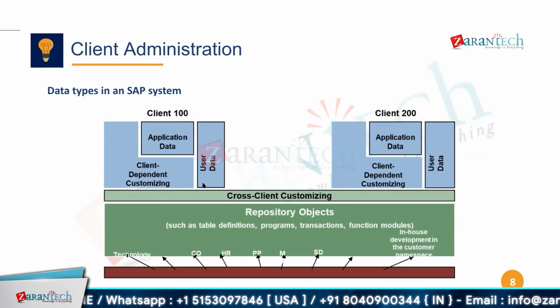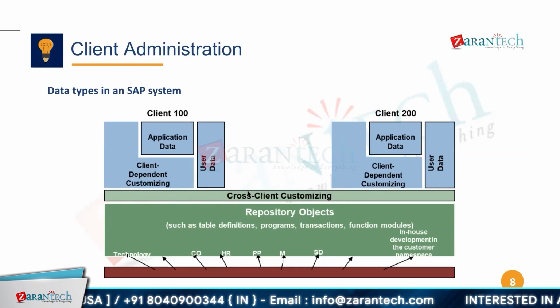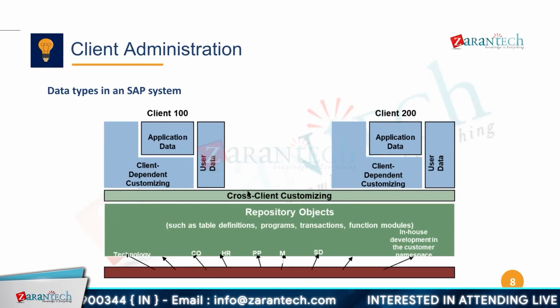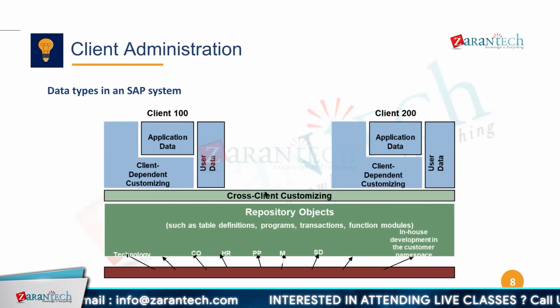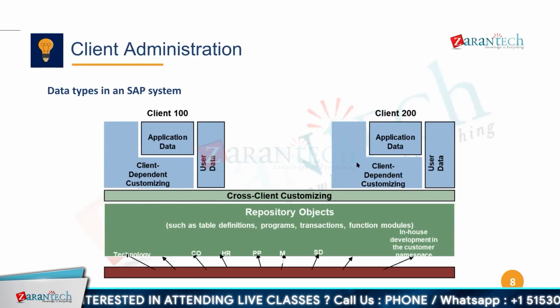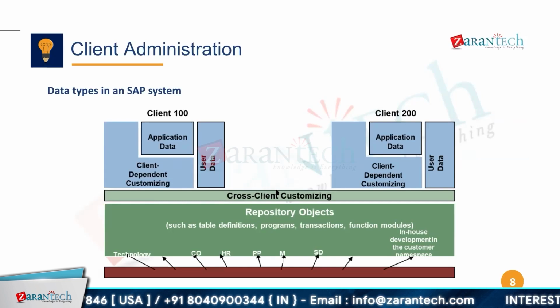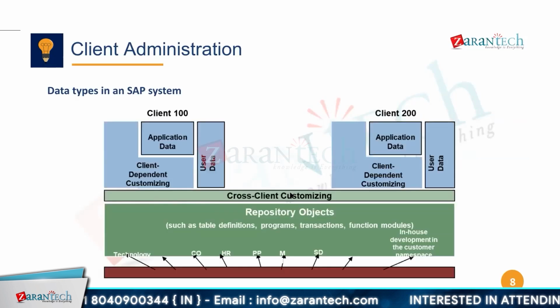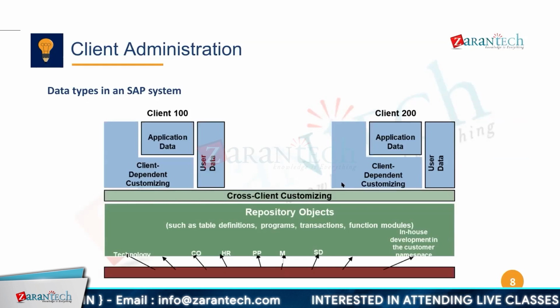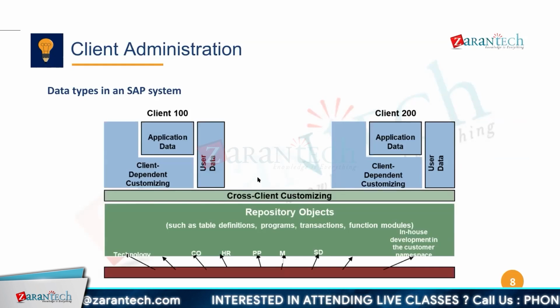Everywhere the Tata logo is there. So those things you put as cross-client. So in their ERP system, wherever Tata is there, if something is changed over here, it will be applicable in all the clients. So you don't have to do anything. If Tata thinks that my logo is bad and I have to change it, and they change it in one place, like in 000 or anywhere they want, it will be visible in all the clients. So that is the cross-client customizing.